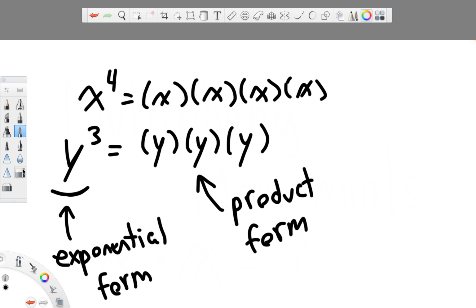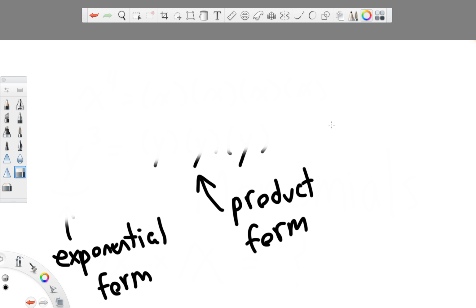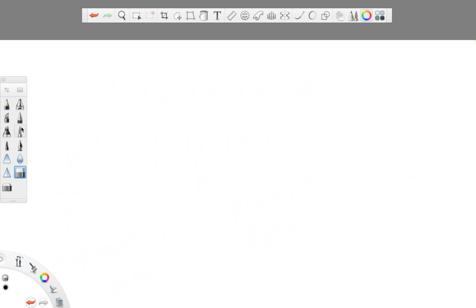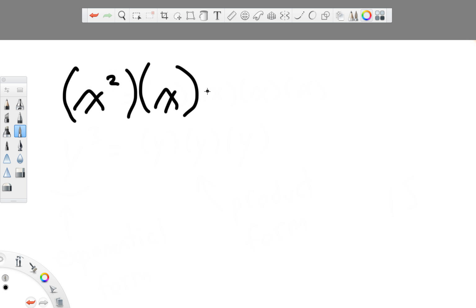Now, when we multiply variables together, let's say, for example, x squared multiplied by x. Remember, when a variable doesn't have an exponent on it, it technically has the exponent 1, because there's just one x.